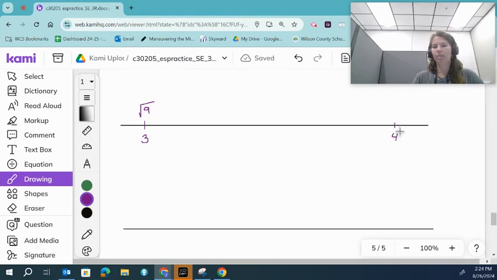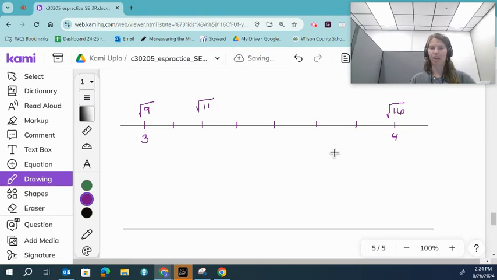And then the number 4, I have the square root of 16. The square root of 11 falls between these two numbers right about here, okay? And I'll have the square root of 12, 13, 14, and 15 also in between, okay?